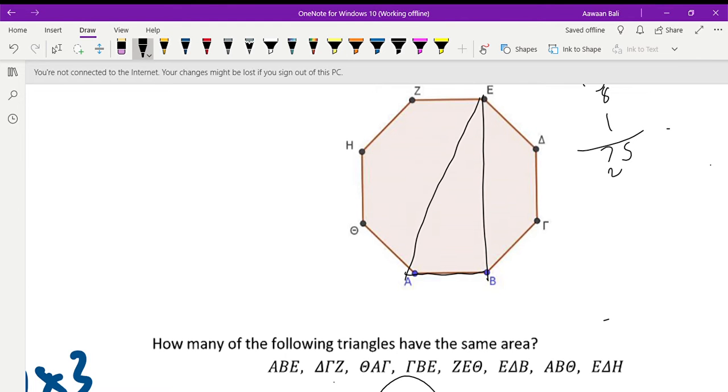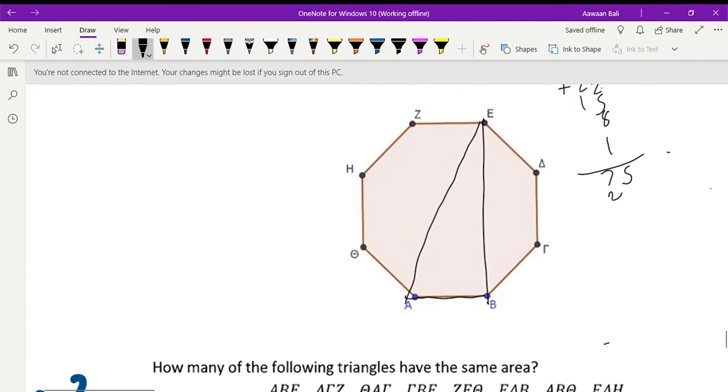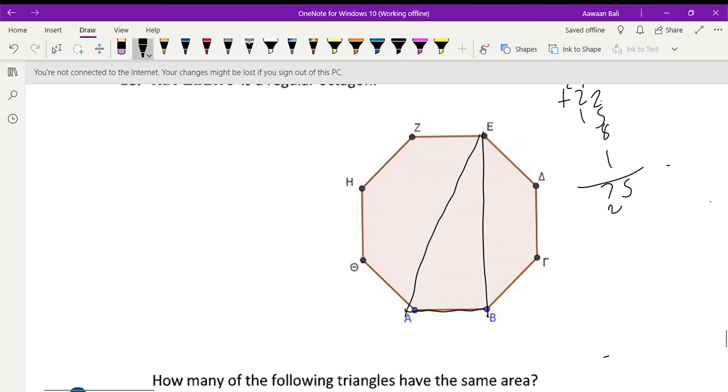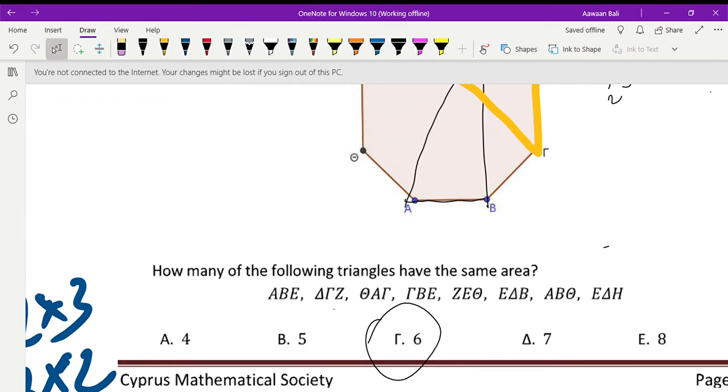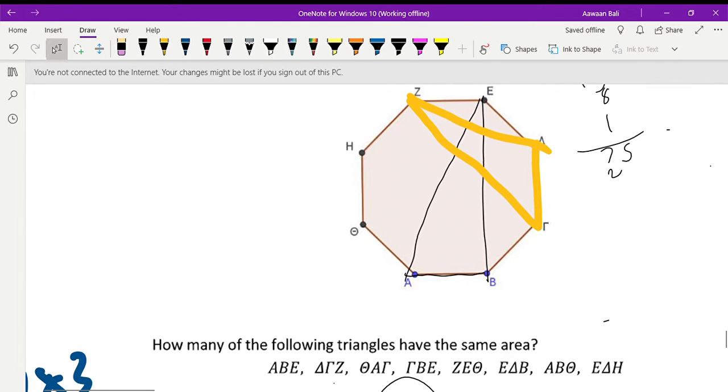There we are. I'll just draw it like that. Delta, gamma, zeta. They're not equal, so we can start from delta, gamma, zeta now. Theta, alpha, gamma. So we have here, and then we add it with the gamma, which is here.